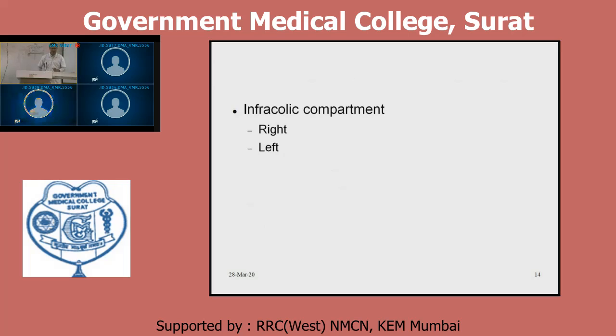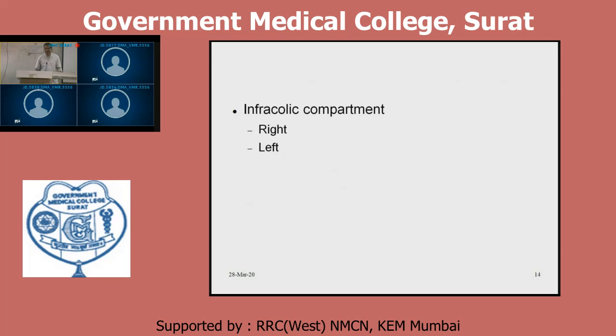Now this is the attachment of the transverse mesocolon. This one is the ascending colon and this one is the descending colon. Now this infracolic compartment is divided into right and left parts. What bounds form this right and left space?